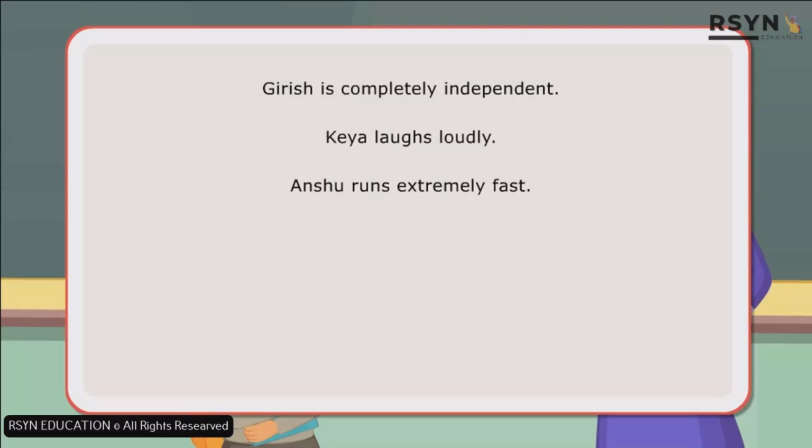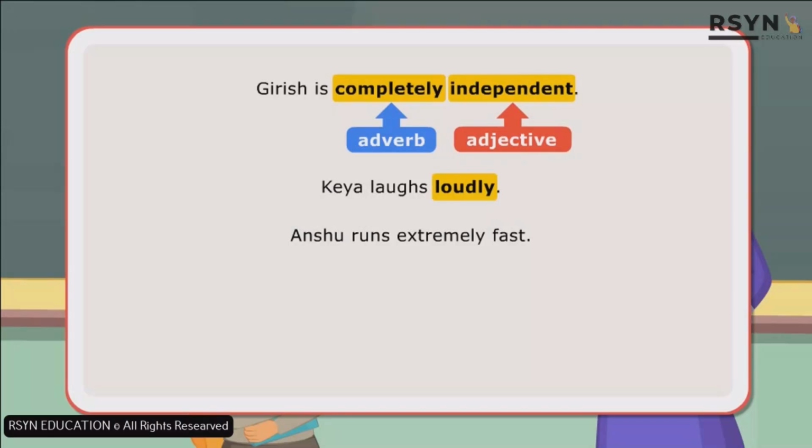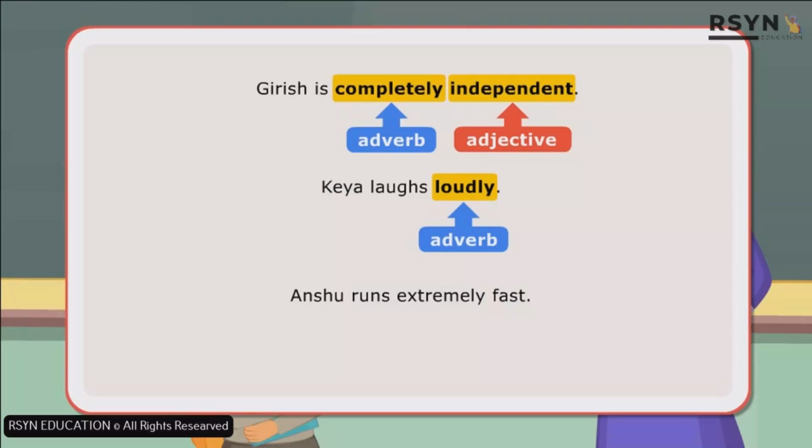Anshu runs extremely fast. In the first sentence, completely is an adverb, as it modifies the adjective independent. In the next sentence, loudly is an adverb, as it modifies the verb laughs.